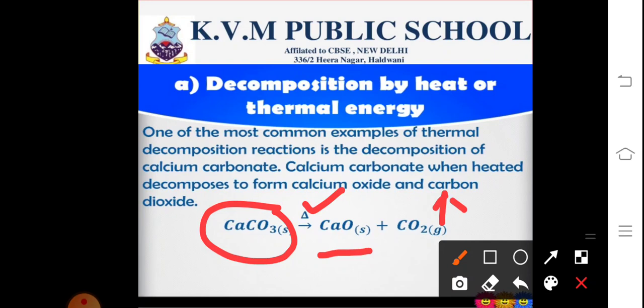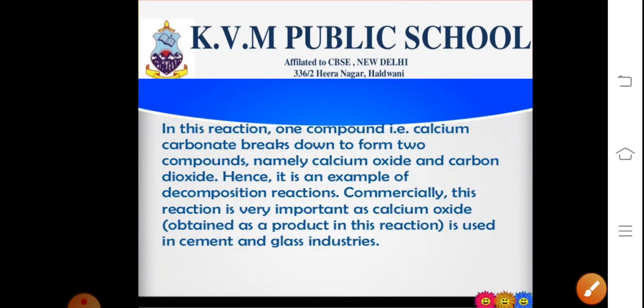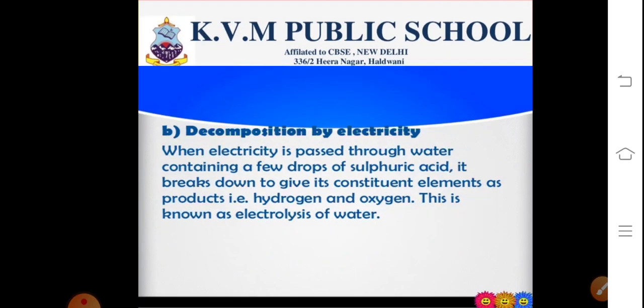Calcium oxide finds a wide application in the manufacture of cement, and also in the glass industry. So commercially, this reaction is very important.